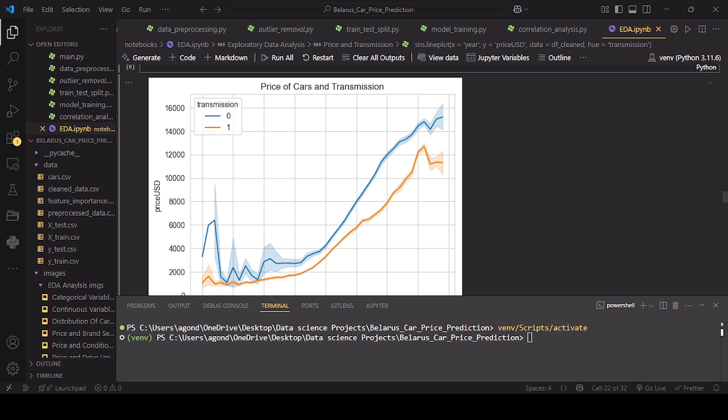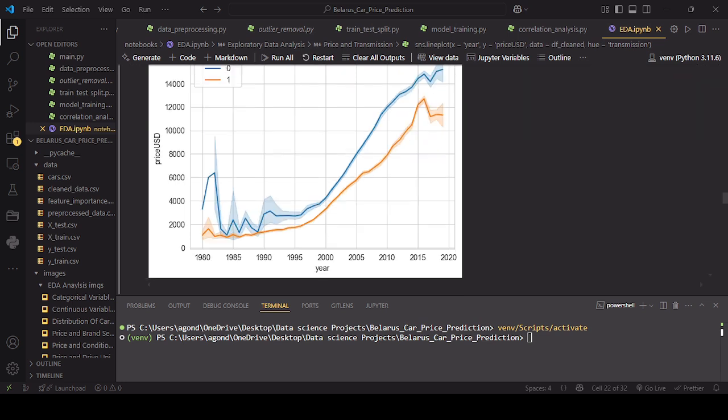In this data we can see that after 1980 it dropped significantly, from the highest price, and then the trend went lower.